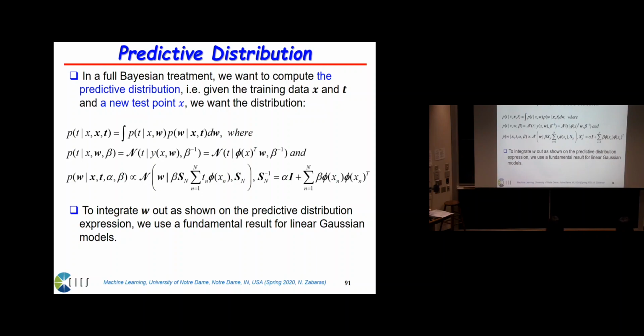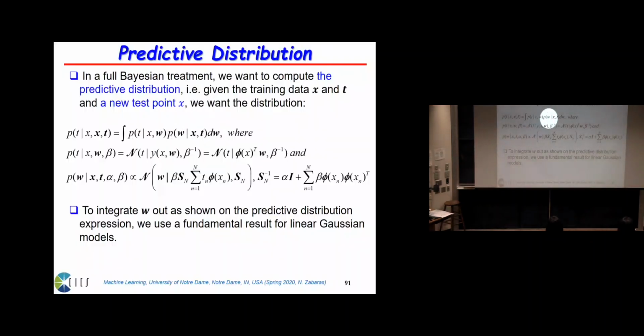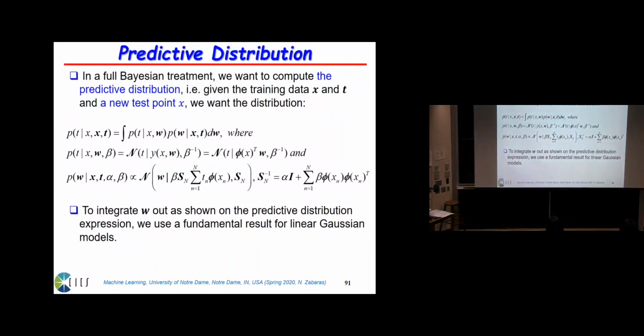So what's the idea to get this integral over W when you multiply a Gaussian with a Gaussian? It's related to completing the square, but before we wanted to complete the square to find what the mean and the variance are. Here we want to complete the square to do what?